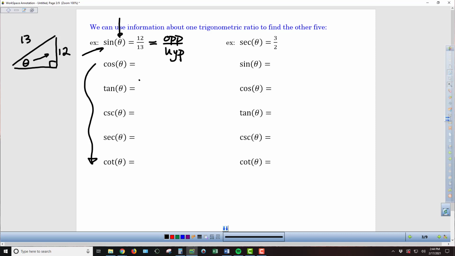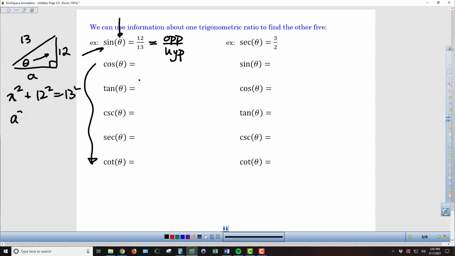And so then to figure out this length right here, we can call it A, we need to use the Pythagorean Theorem to figure that out. And so we may recognize this as being part of a Pythagorean triple where all the values will be whole numbers, but if not, we've got A squared plus 12 squared equals 13 squared.